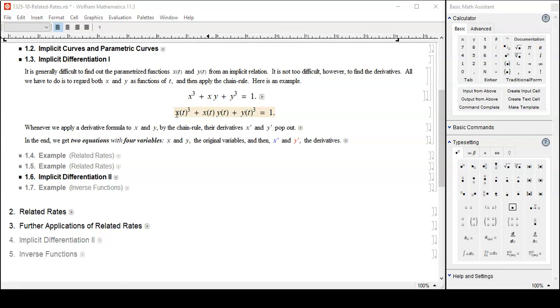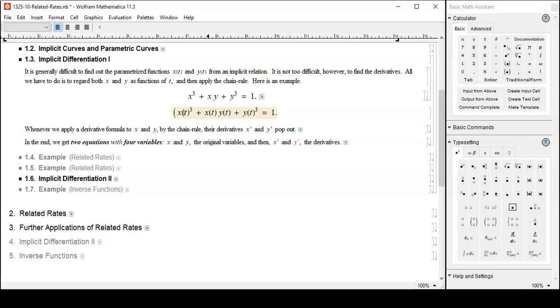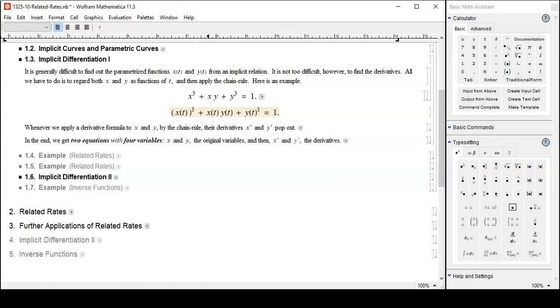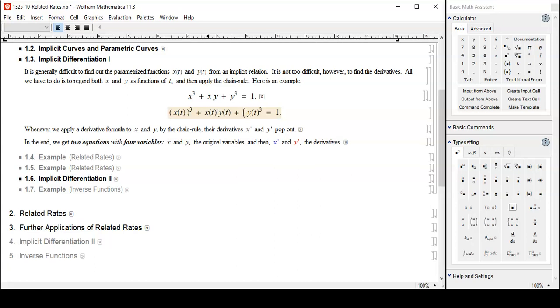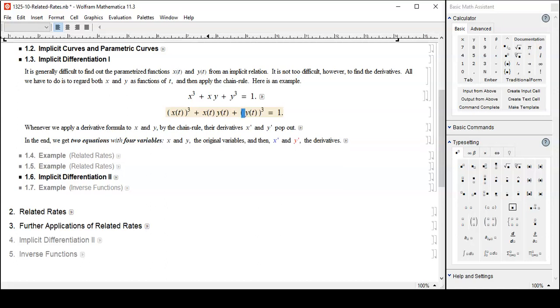More explicitly, what do you mean by x of t cubed? Literally like this, x of t to the third power. Not y of t to the third power, you see?